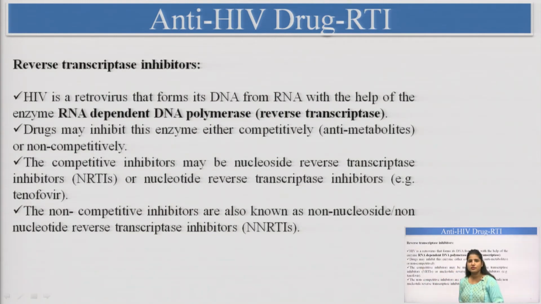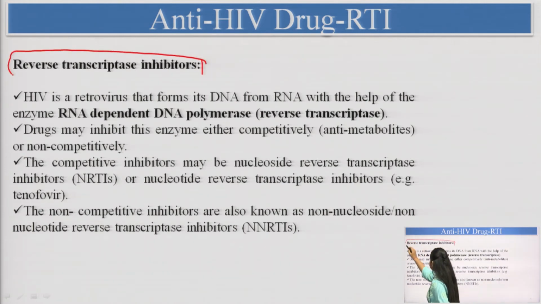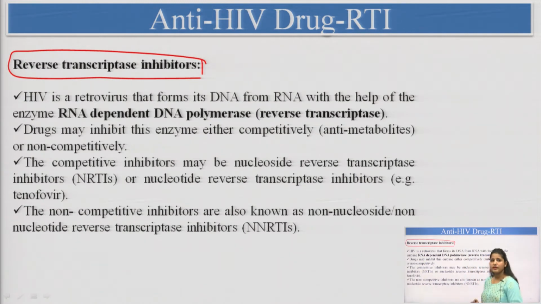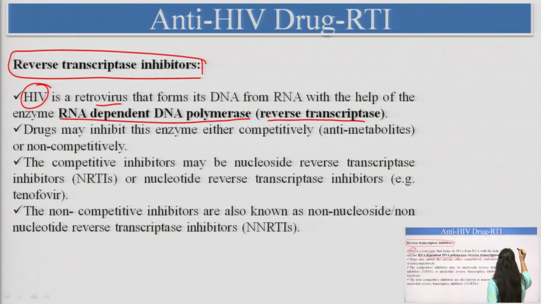Now, we will see the reverse transcriptase inhibitors. So, reverse transcriptase inhibitors are inhibiting the reverse transcriptase enzyme. Yes. Now, HIV is different in nature from other viruses, it is a retrovirus. Yes. It is using RNA dependent DNA polymerase which is known as reverse transcriptase. Under this, there are two drug types which I told you initially. One is NRTI and another is NNRTI.